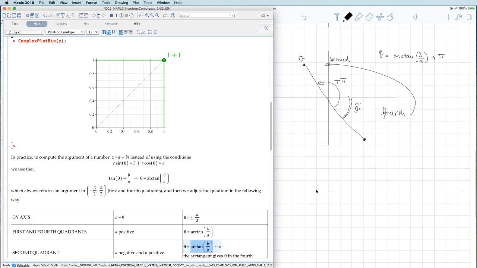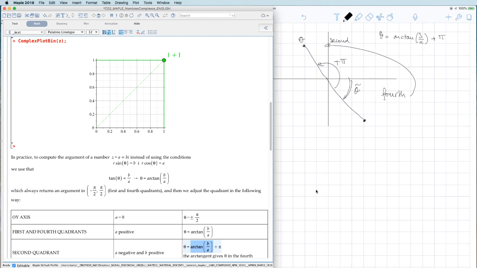Okay, and a similar thing happens when I'm in the third quadrant. So when I have an angle here, okay, so this one here, what the arctangent is going to give me is going to give me this different angle. So theta tilde is going to be the arctangent of b over a. So how do I move from theta tilde to theta?